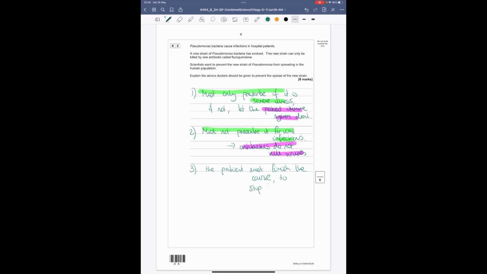To stop the pathogen or the bacteria mutating. Okay, so that would be enough to get you 6 marks on that question. Remember, point, then explain. Point, then explain.